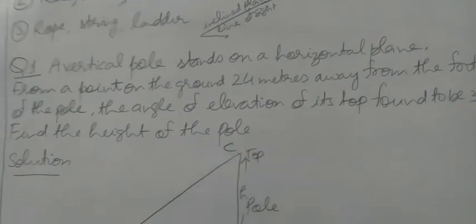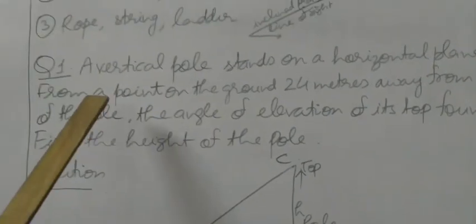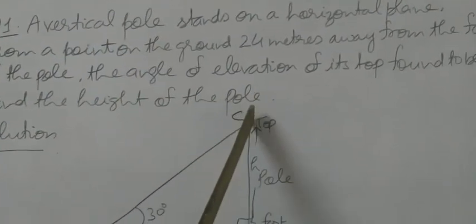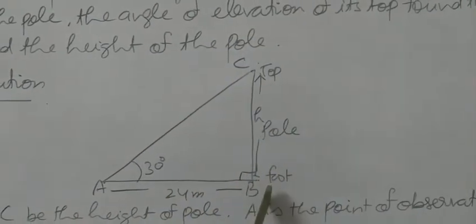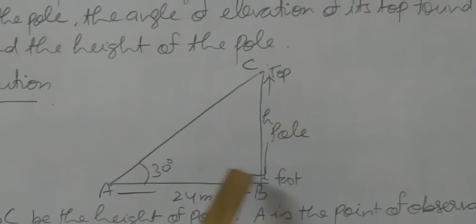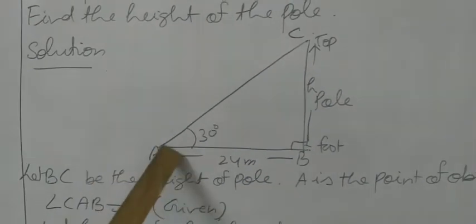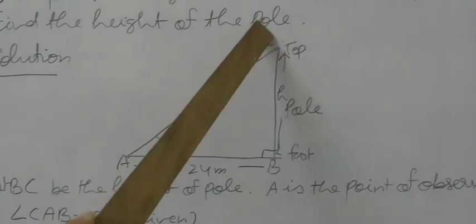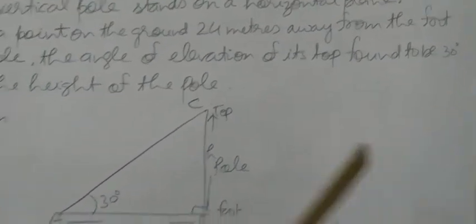Find the height of the pole. So students, first of all we have to draw the diagram. Vertical pole means vertical line. This line BC shows the height of the pole, and there is a point on the ground A. This is the point of observation, and angle CAB is given to us, angle of elevation 30 degrees.